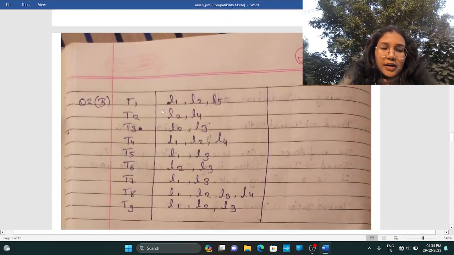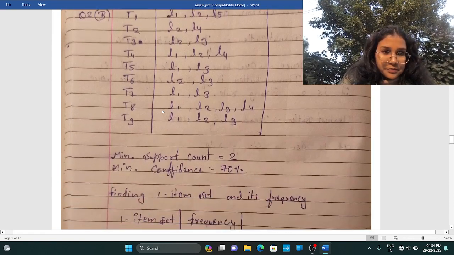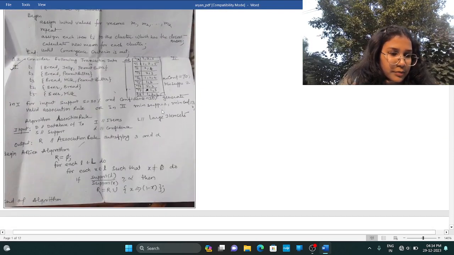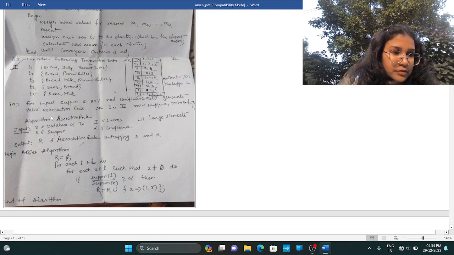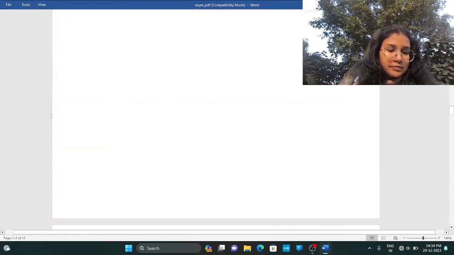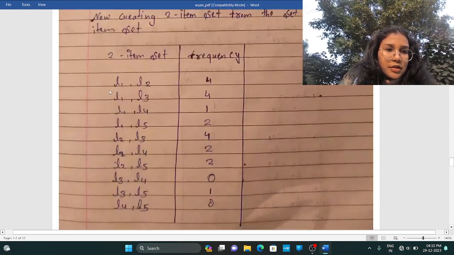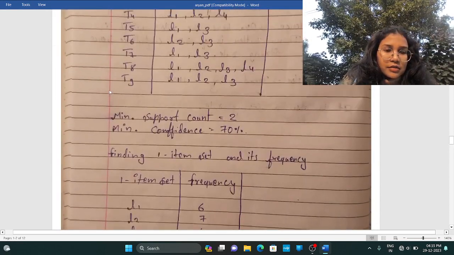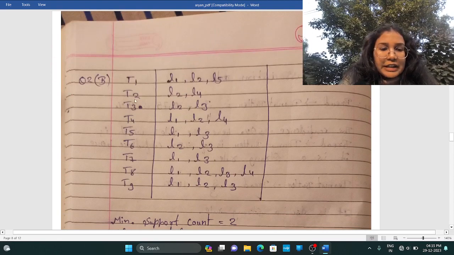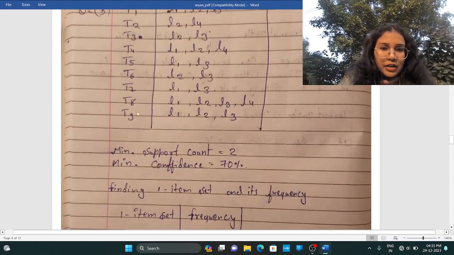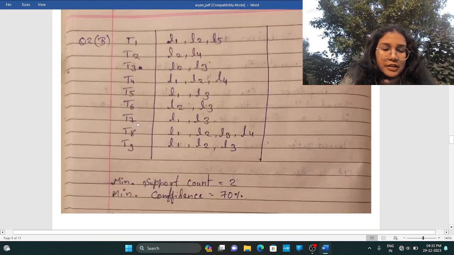Question number 2, part B. We have given the items T1, T2, T3, T4, T5, T6, T7, T8 and T9, and the frequency is given here.